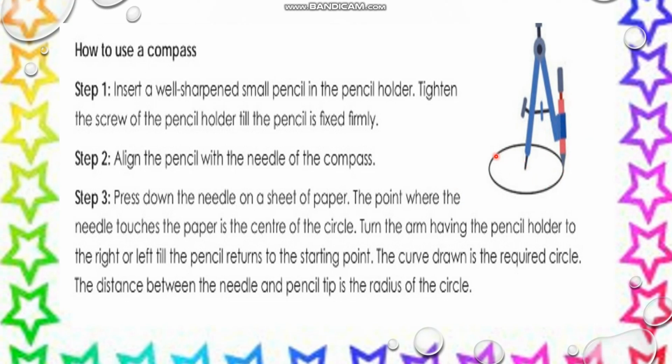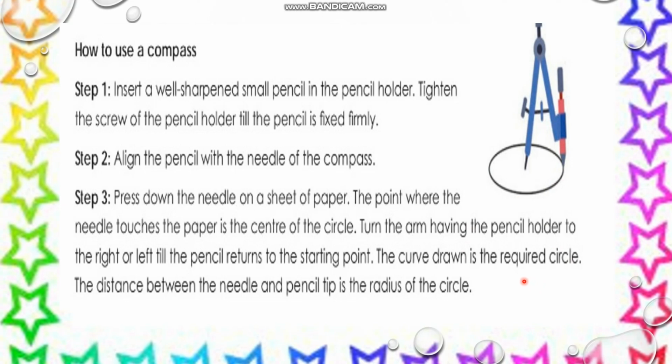Okay, around this point you can draw a circle. And you have to start from a point and stop after it joins the starting point. Okay. And the curve drawn is the required circle.